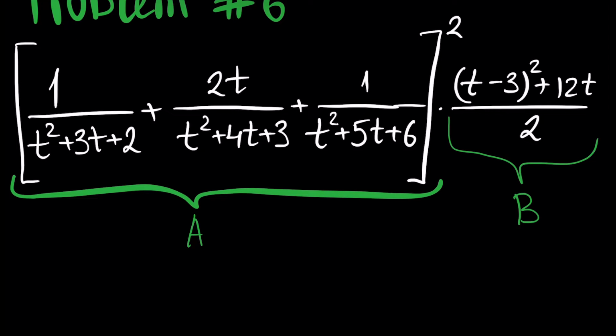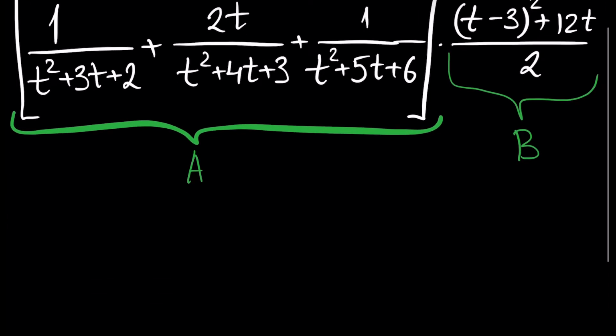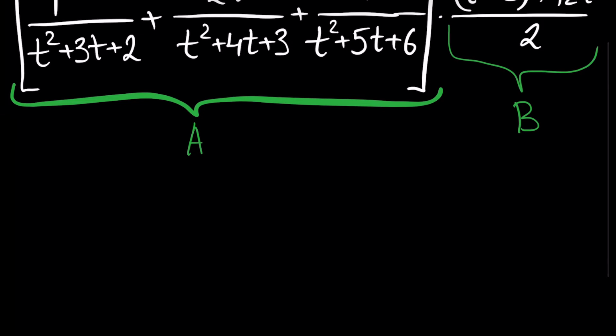First of all, using a result: assume we have a quadratic polynomial, or polynomial of degree 2, a t squared plus b t plus c equals 0.